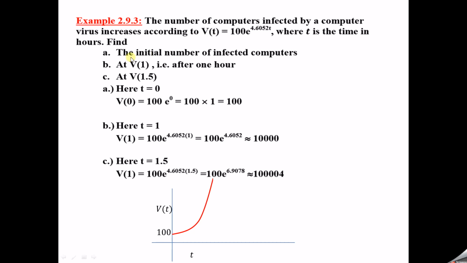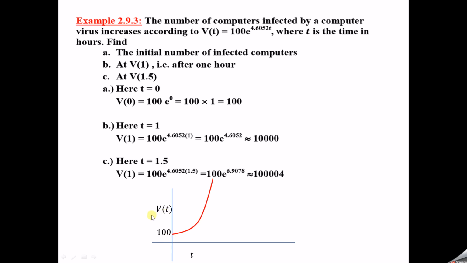If you look at the question, the initial number of infected computers is asked. Initially means when the time is 0, in the beginning. That means you have to put t equal to 0. When time is 0, how many computers are infected?